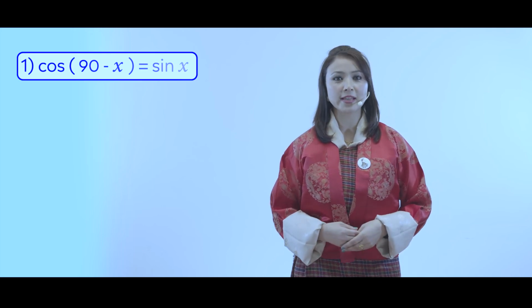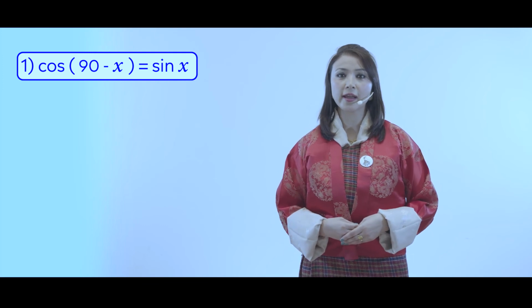And these identities represent the relationship among the trig ratios. The first two relations involve the relationship between sine and cosine of complementary angles, that is, angles that have a sum of 90 degrees. So the first relation is cos of 90 minus x equals sine x.